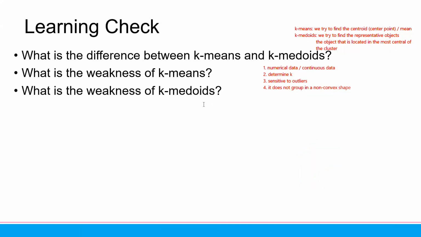It works with numerical data, and you need to determine the K. But K-Medoids can handle the outliers because it selects the most central objects. If an object is not in the center, then we can say that it is an outlier.